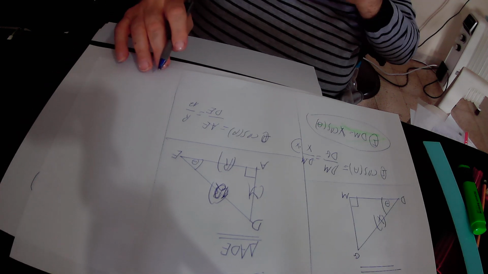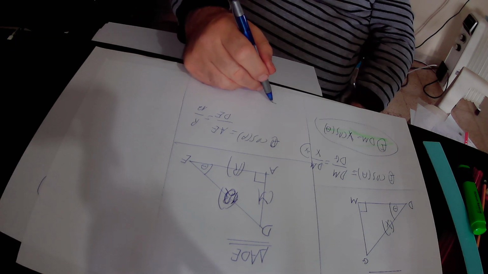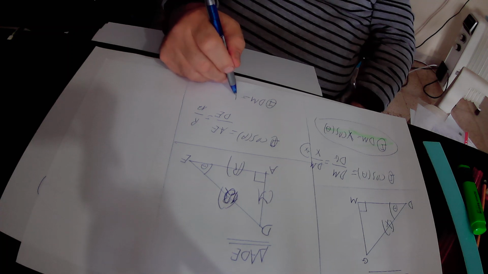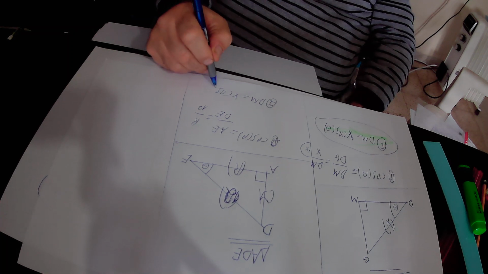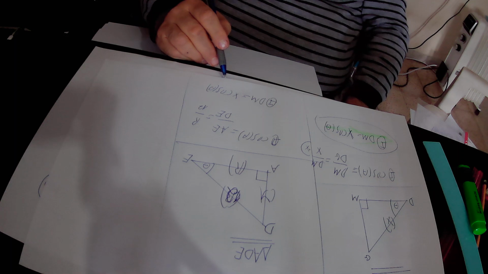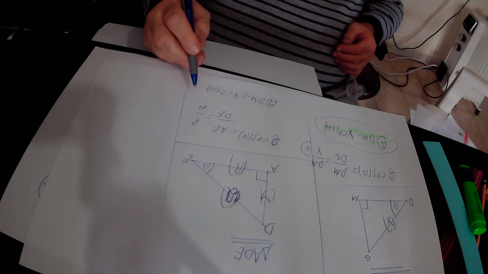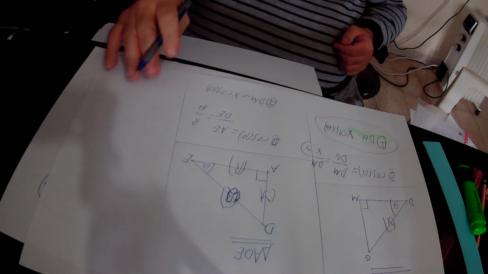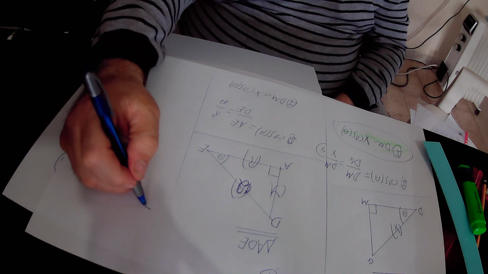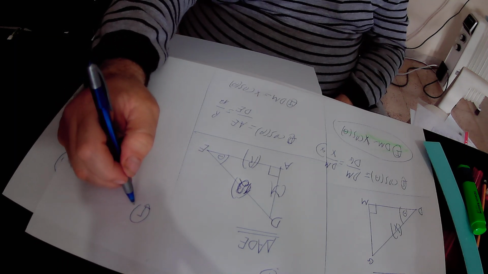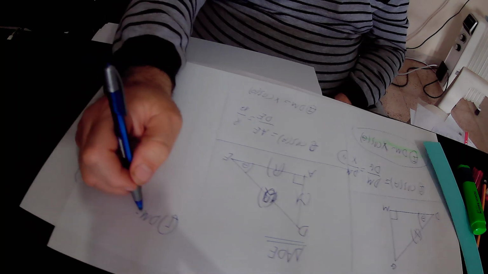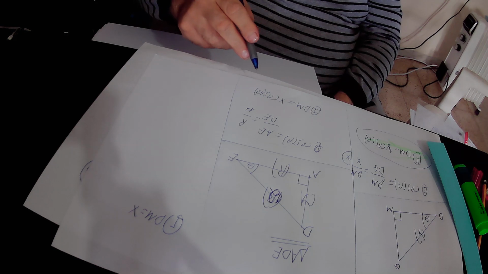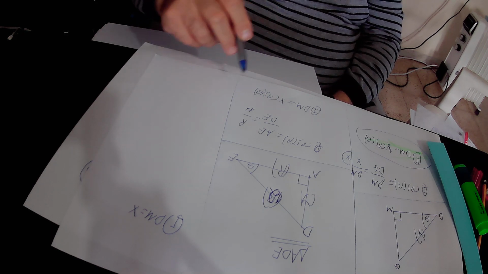This is according to equation 2, while according to equation 1, we have already found out that DM equals x times cosine theta. Now we can substitute cosine theta in equation 1 by R over 12 from equation 2. We'll do it now, and we get that DM equals x times cosine theta, and cosine theta is R over 12 according to equation 2.